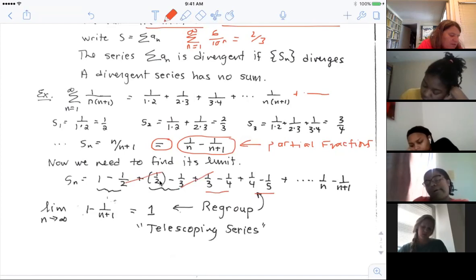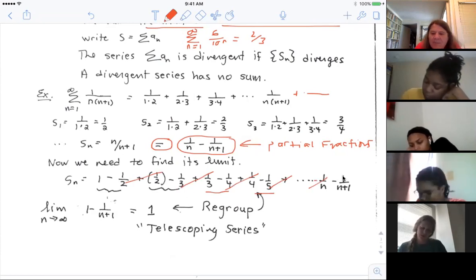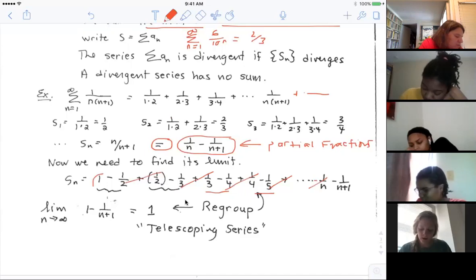Gone. Minus 1/4 and 1/4, gone. The next one's a 1/5, gone. So the whole middle part of this thing collapses. It's called a telescoping series. In other words, you've got a telescope that's way out and it just collapses. And what we're left with is 1 minus 1 over n plus 1.